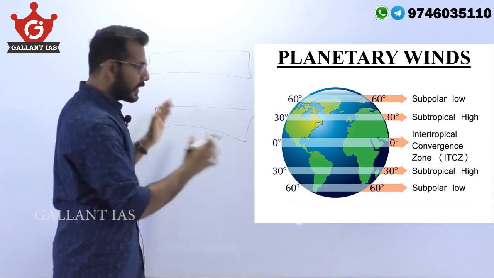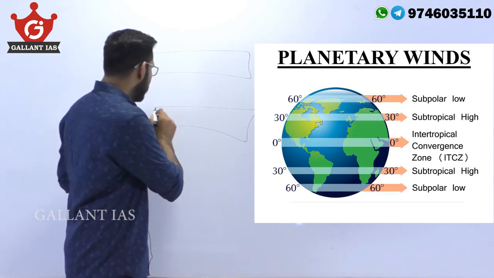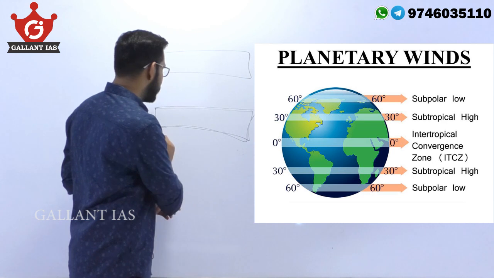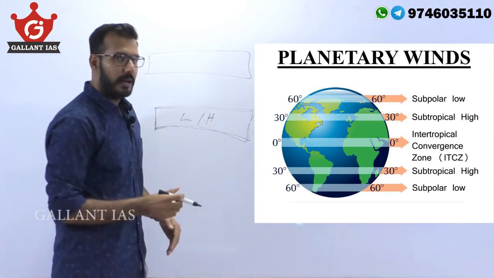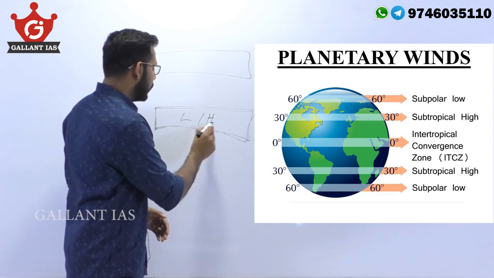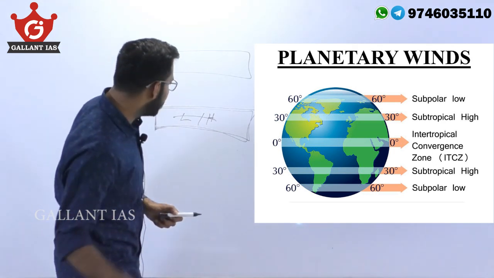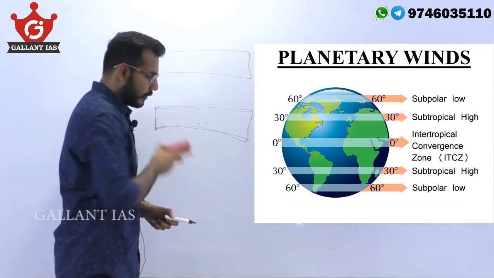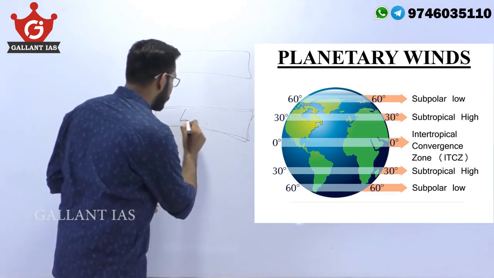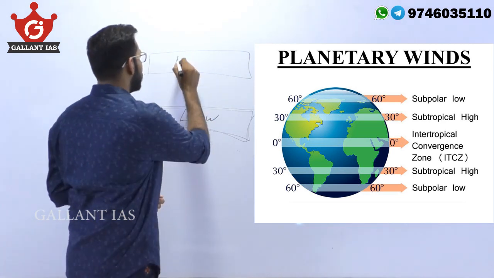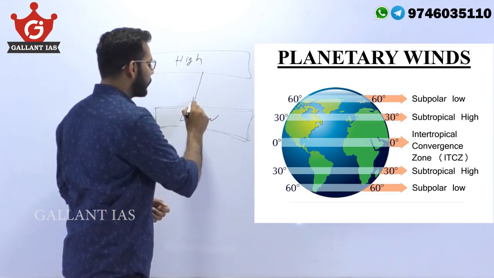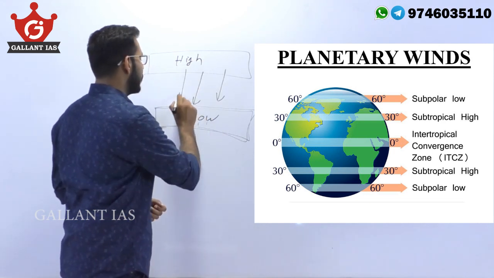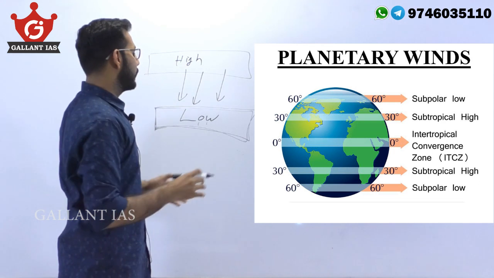And pressure belts are a zone which is characterized as either low or high. So if this one is a low pressure belt and this one is high, wind will move from the high pressure region to the low pressure area. This is the planetary winds.